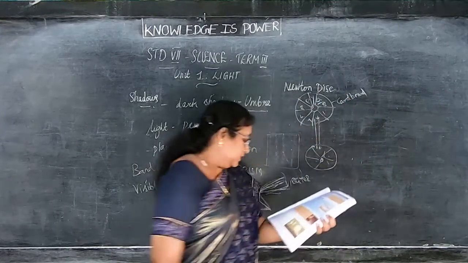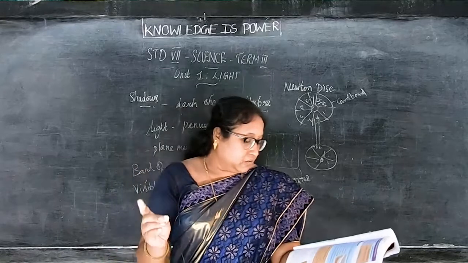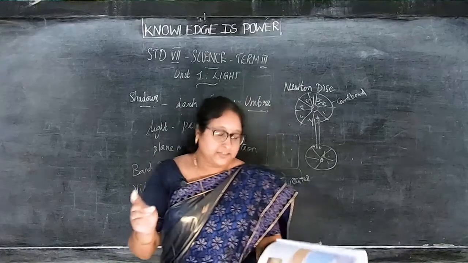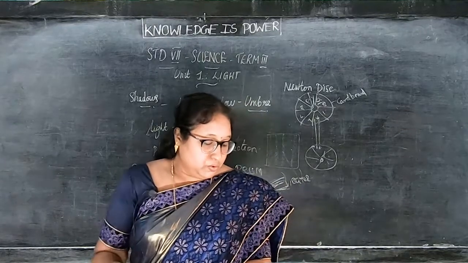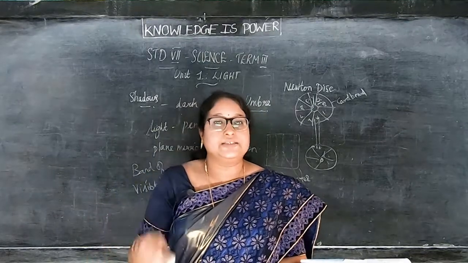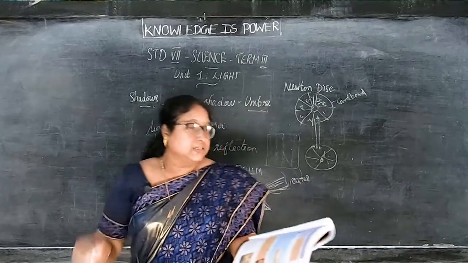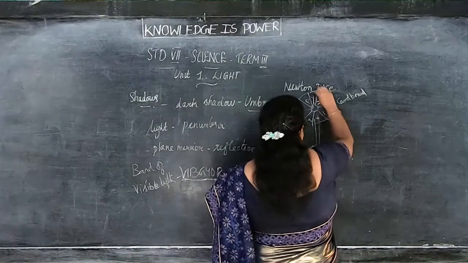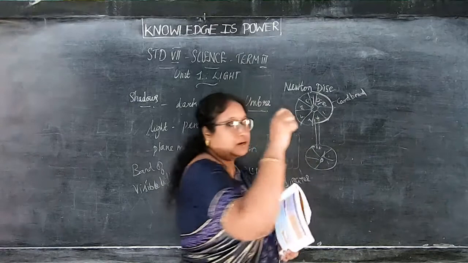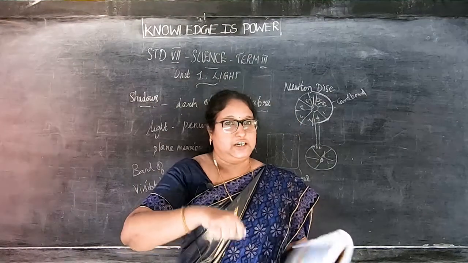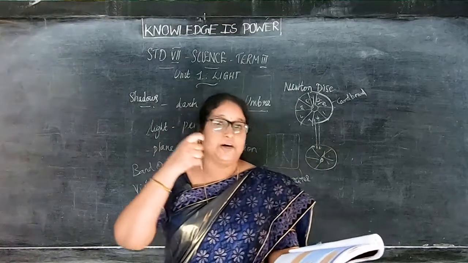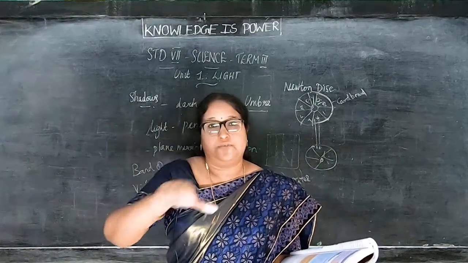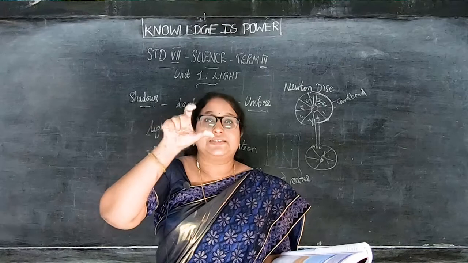Okay. Cardboard disc with 7 equal sectors colored. What are the 7 colors? Red, yellow, orange, green, blue, indigo and violet. Okay. When the disc is turned quickly, சுத்தும்போது அந்த cardboard என்ன பண்றோம் சுத்துறோம், that is turning the cardboard. What happens? The retina receives the sensation of the spectrum, that is distribution of the colors simultaneously at the same time.